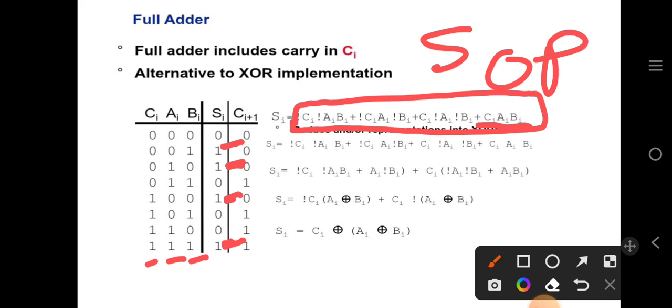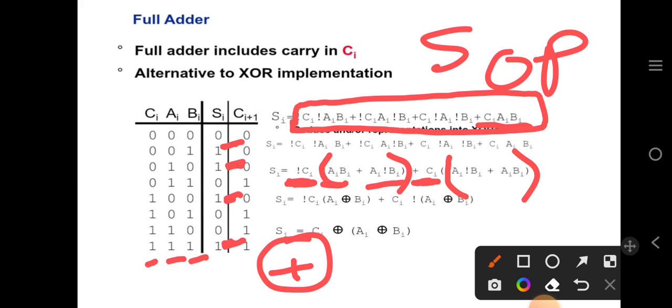Now you have to solve this equation by taking some variables in common. Like here you have taken Ci bar common, here you have taken Ci common, and write the remaining variables in the bracket. By using the simplification rules, we know that Ai Bi plus Ai bar Bi bar is nothing but the XNOR of Ai Bi, and we have replaced this bracket by the XOR operation of Ai Bi.